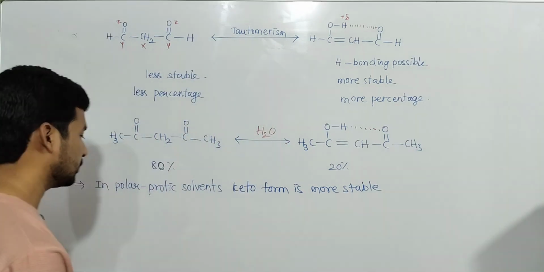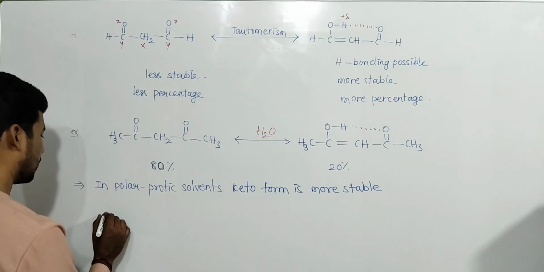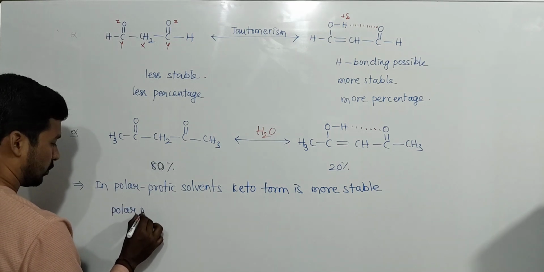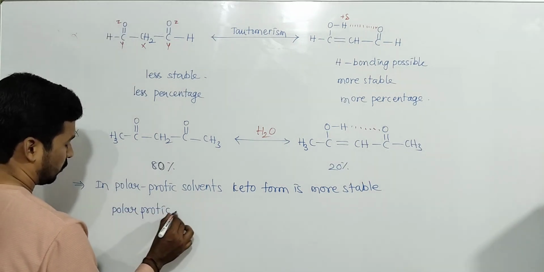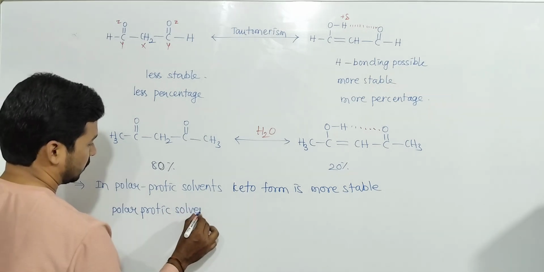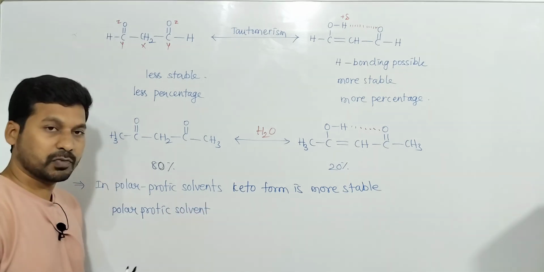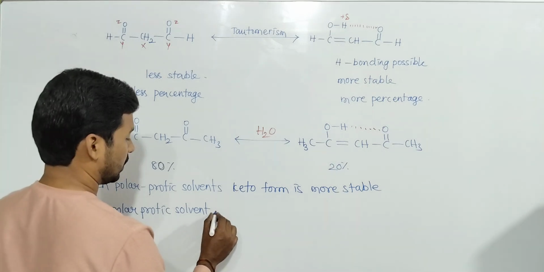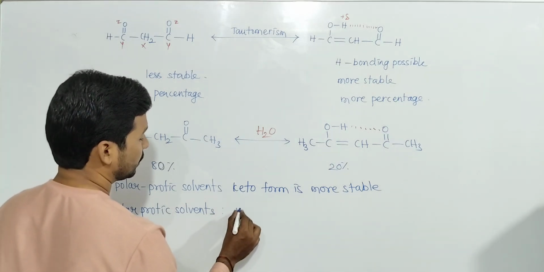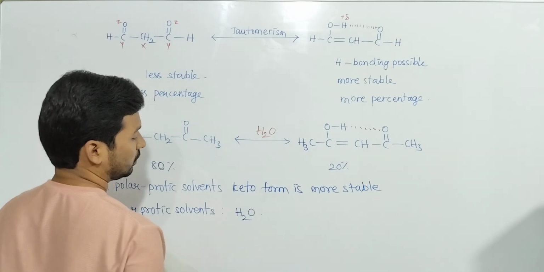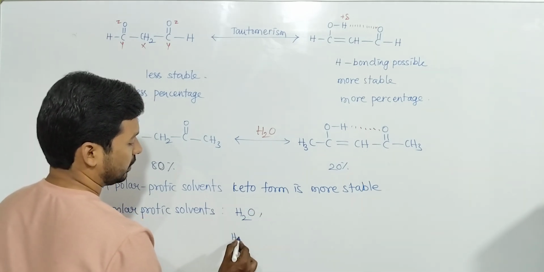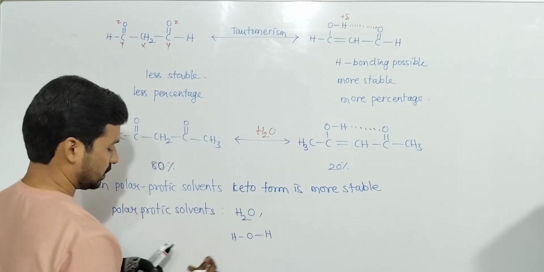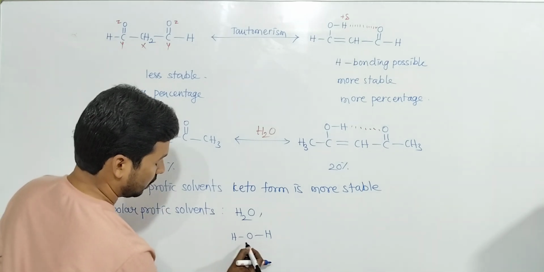What are polar protic solvents? Polar means polar bonds between heteroatoms, and protic means they have a hydrogen atom. Example, H2O is a polar protic solvent. Between hydrogen and oxygen there is a polar bond, different electronegative atoms attached to each other, definitely polar.